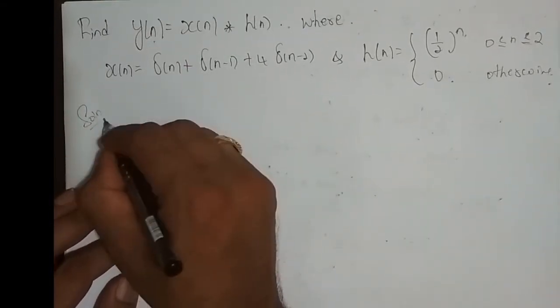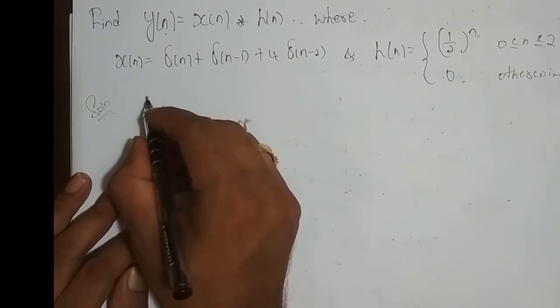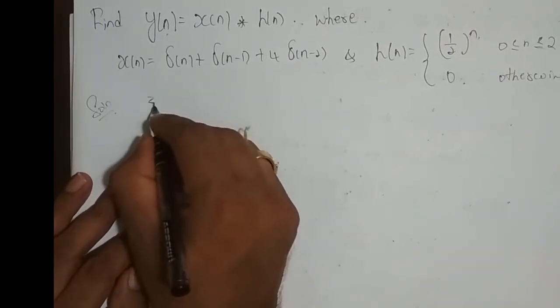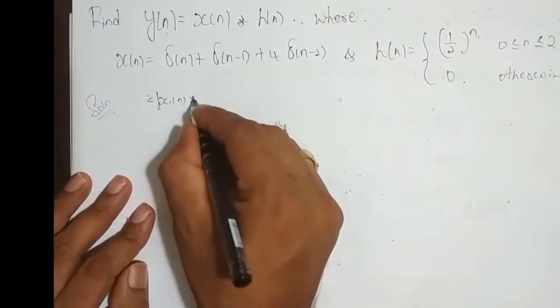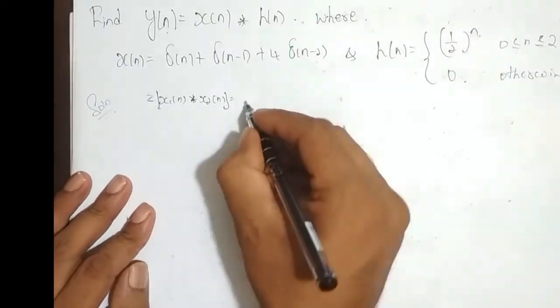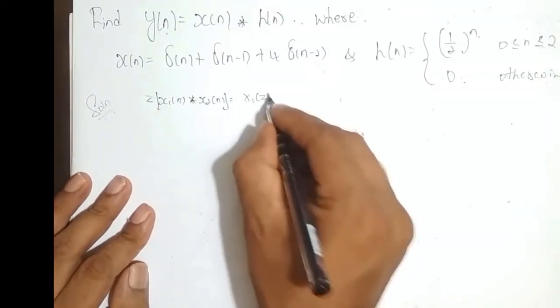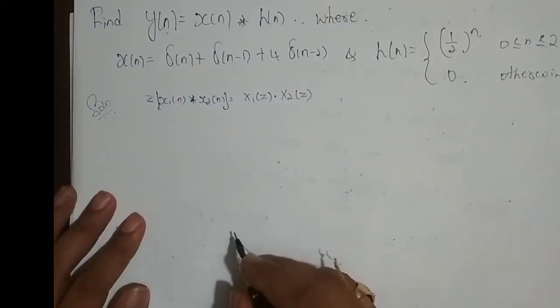So solution. Before the solution we'll see the property of convolution. What is the property of convolution? What is the Z transform of x1 of n convolved with x2 of n? It is X1 of z multiplied with X2 of z, right?